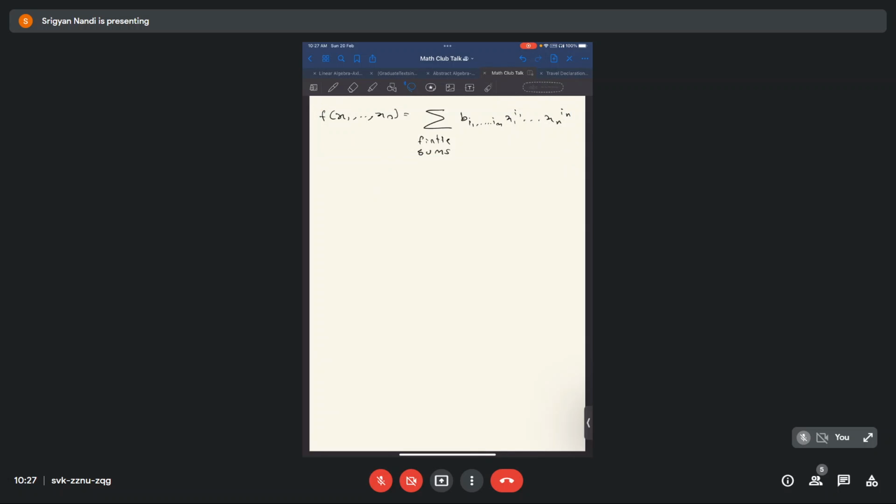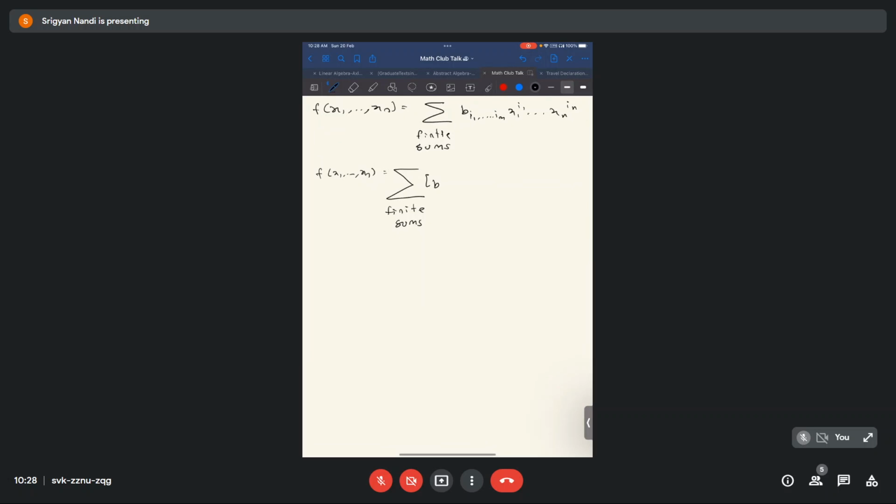So we use this representation of f, which we assumed was an arbitrary element in the kernel of theta. Now we represent it in a better way. Let us instead represent it as this summation, which again goes over all finite such sums and takes the coefficient b_{i1...in}.